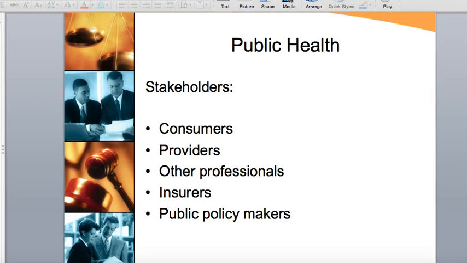And oftentimes these providers have to get authorization from these insurance companies in order to move forward with a plan. Sometimes they do not pay providers for screens that they feel are not important or necessary. And in that aspect, insurance companies find themselves taking more of a role of a provider, making clinical decisions that oftentimes override the provider's treatment plan, because they're the ones deciding whether they're going to pay for the service or not.